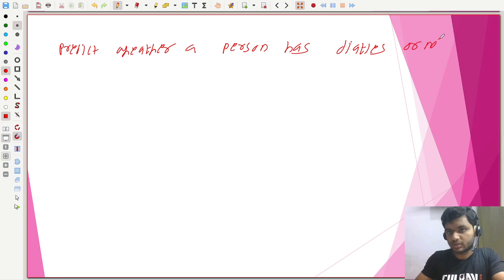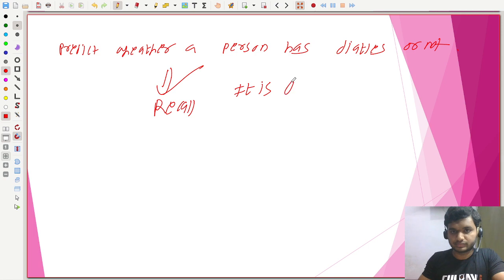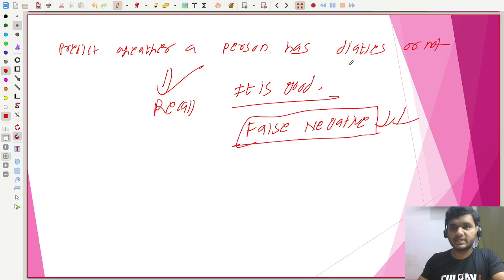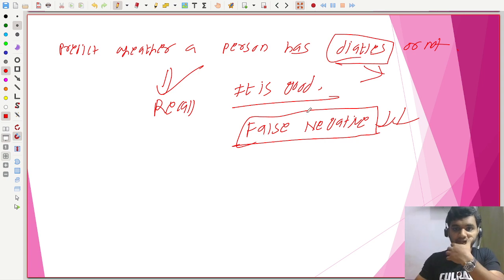In this case, you notice if you apply recall, it is good, because we reduce the false negative. We reduce the false negative because the diabetes of a person is very, very important. In this case, if we increase the false negative, it is very difficult.